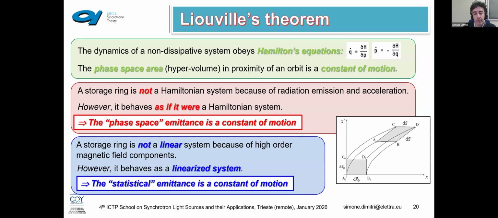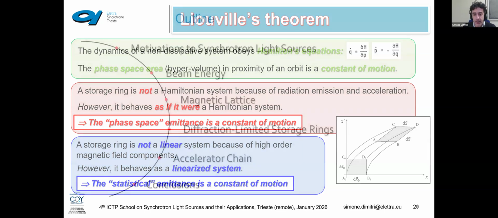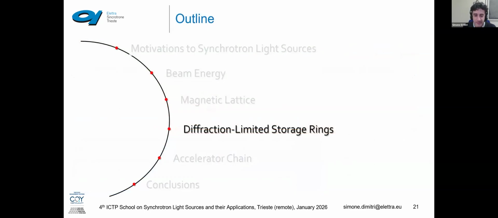In spite of this, we combine all these objects and simplify our description of the particles' motion in a synchrotron in order to be behaving like a Hamiltonian system. So typically, if the synchrotron is designed properly, then we can describe it as an approximate, conservative, and linear system. And that's why we can manipulate the charge distribution according to our specifications, okay? So we have to keep all the accelerator parameters in a given range in order for these approximations to be satisfied. This is one of the main tasks of an accelerator designer, if you like.